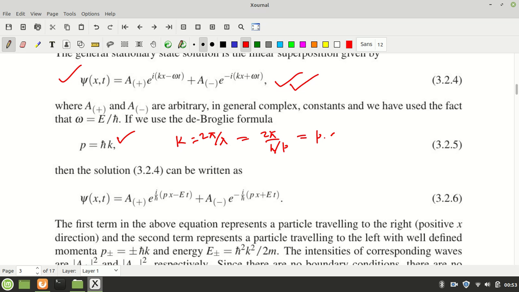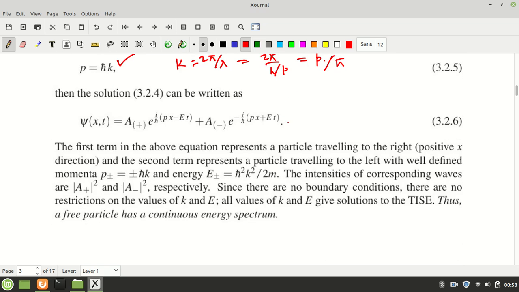So p by h cut will result in k is equal to p by h cut. You can put it and you can get this equation number 6.